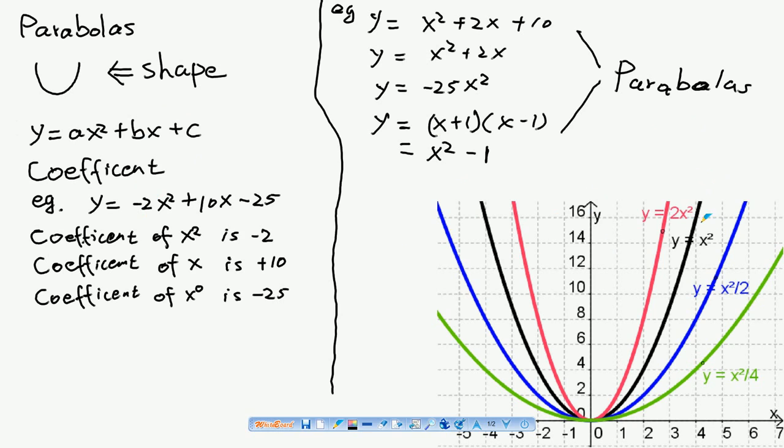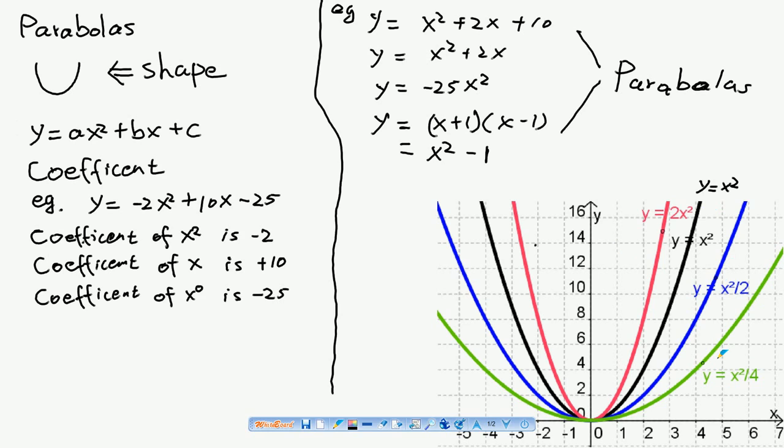What I can say about the coefficient is, say the black line is y equals x squared. The higher the coefficient of x squared is, the more narrow, horizontally speaking, the parabolas are.